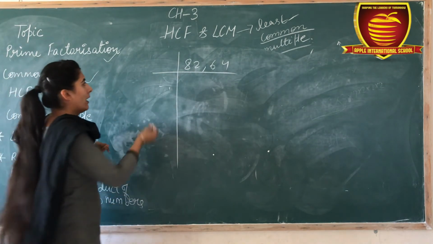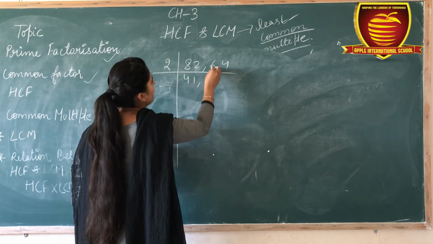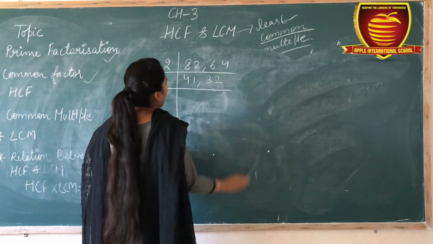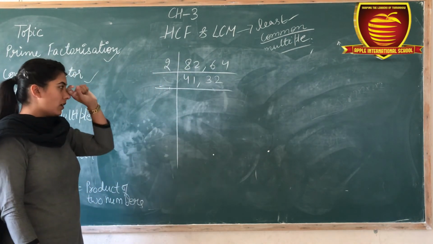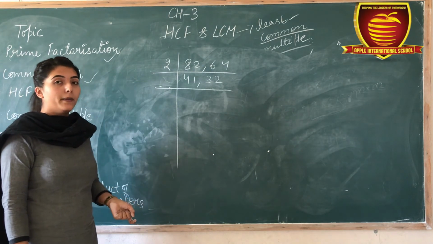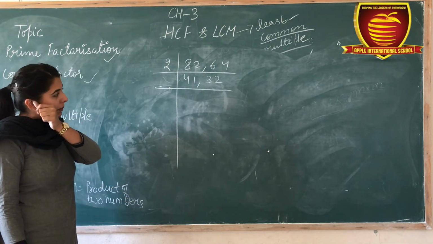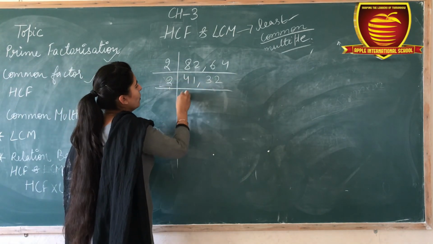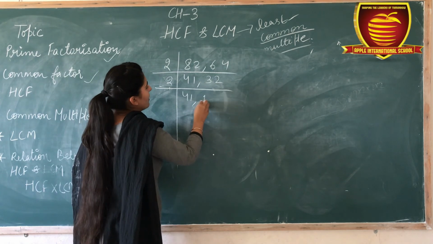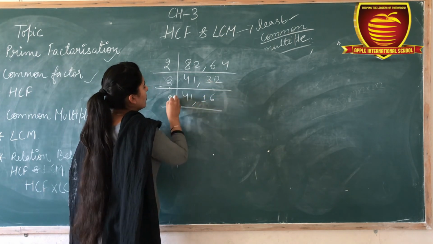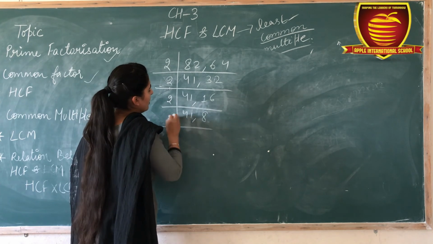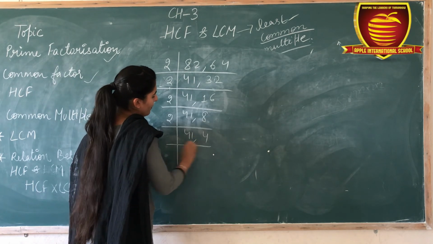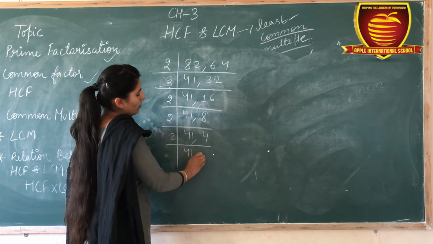We can also do this together. 41 is a prime number, so it does not come in any other number; 41 is written as it is.